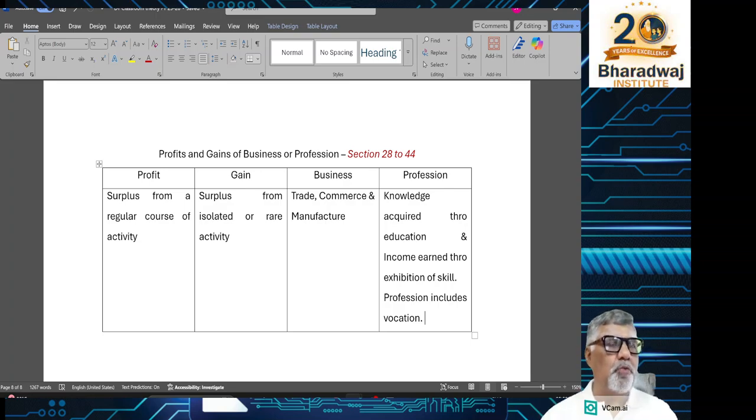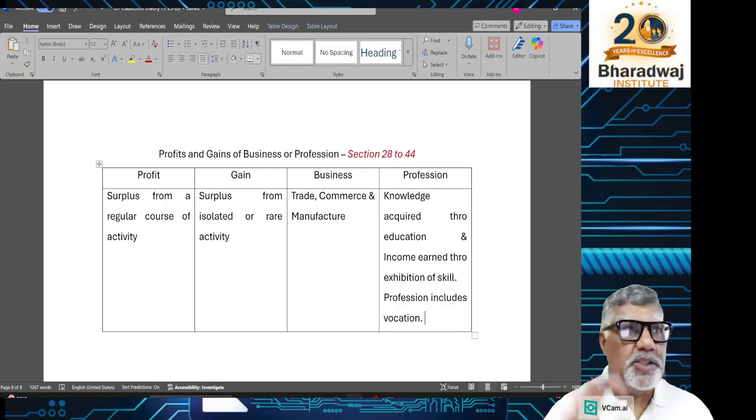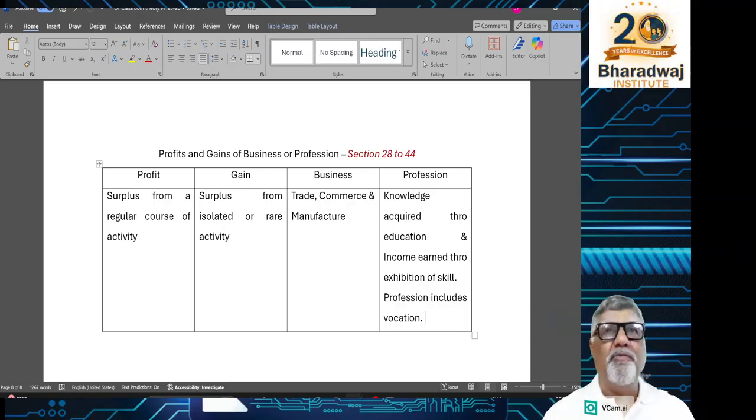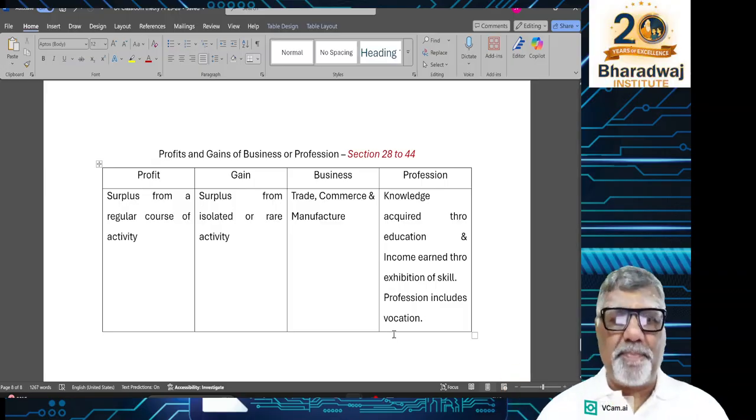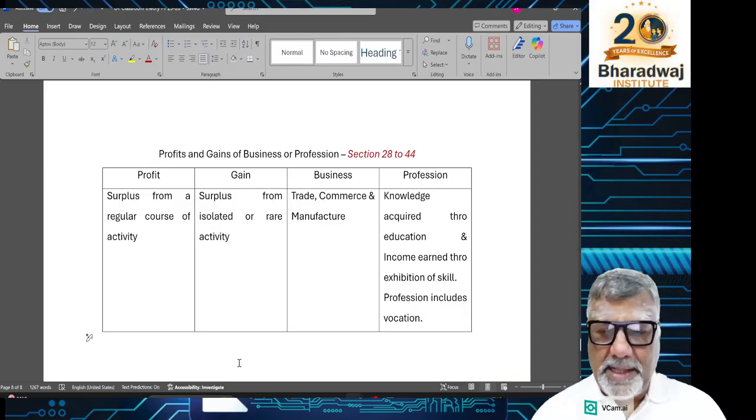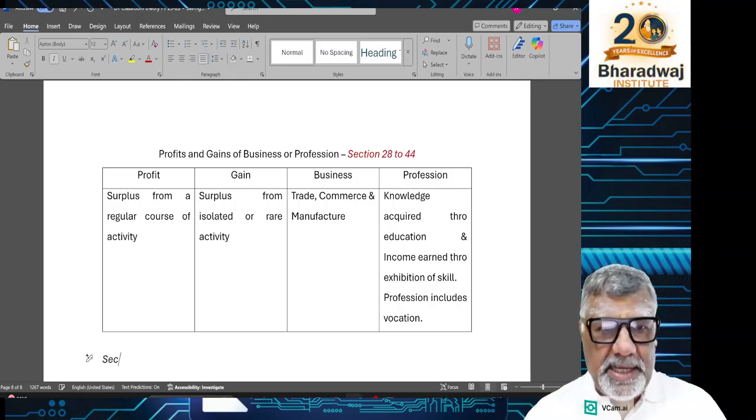We are going to walk into section 28, basis of charge. Though the heading is so, it is going to give us what are all the incomes that are taxable under the PGBP chapter. Okay, let's start. Section 28, basis of charge.